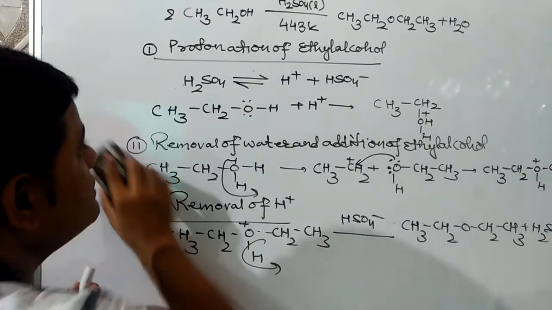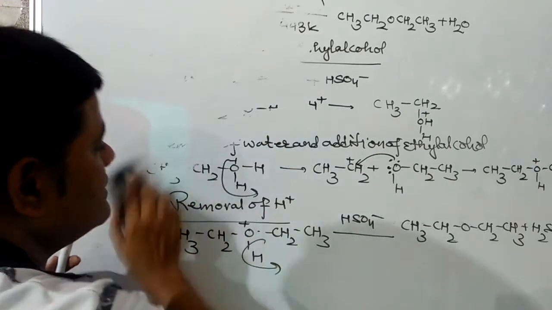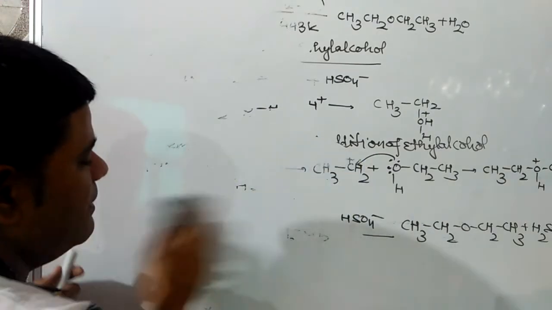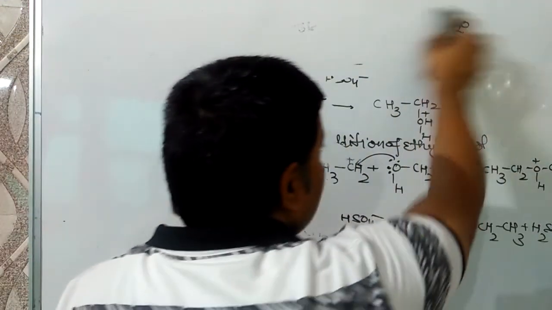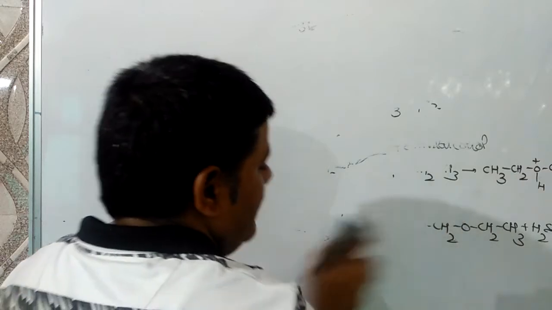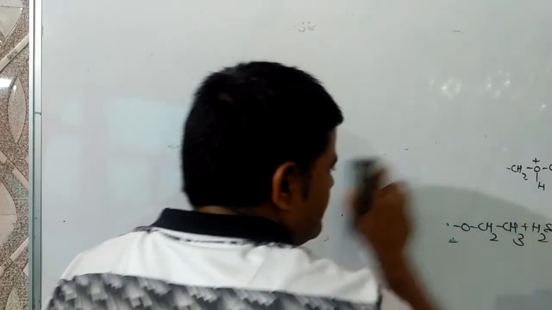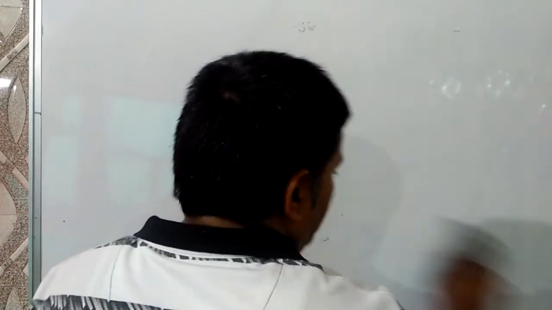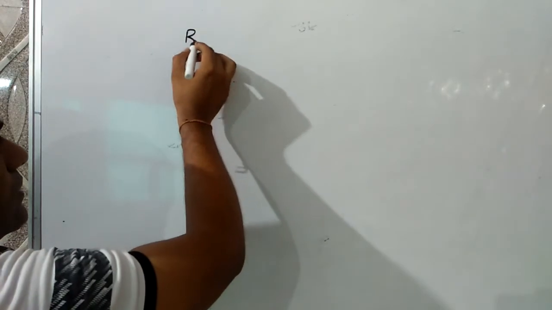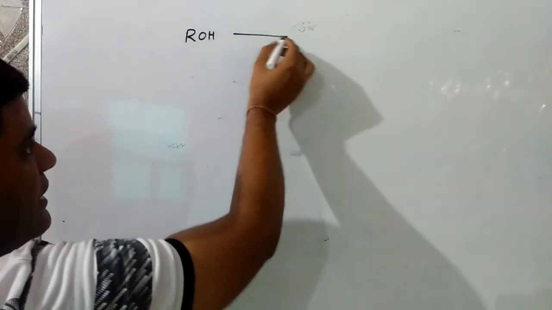After this, we have to discuss the next method by which we can prepare ether from alcohol, and that is catalytic dehydration of alcohol. Here too the product depends on temperature.